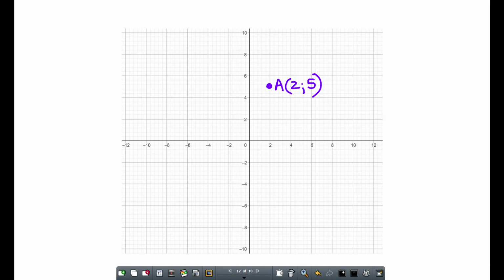A was 2 and 5. I don't want to write it there because then I can't delete it and I don't want the answers there for my next class.